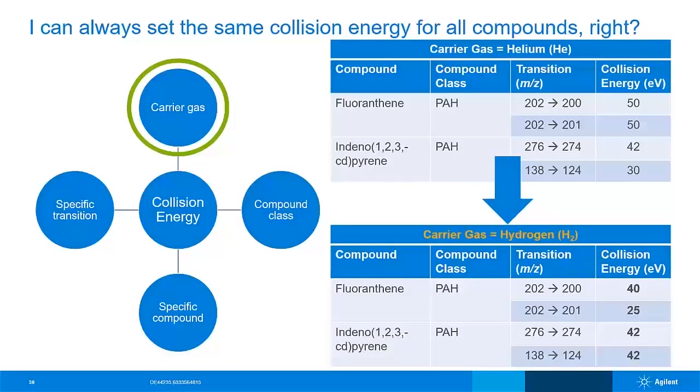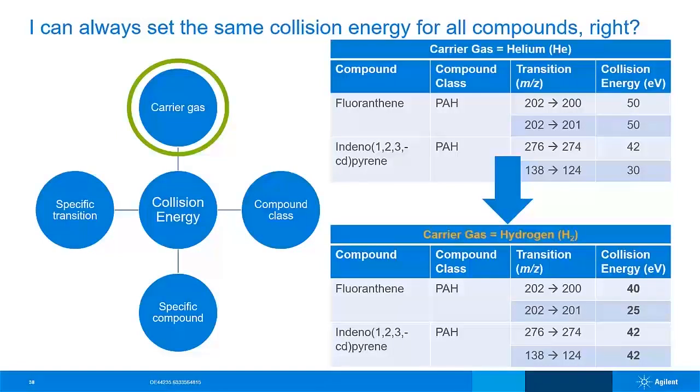Now, does that mean hydrogen lowers all collision energies for all PAHs? No. Remember, each transition will optimize to different energies. So the transition of 276 to 274 for indeno[1,2,3-cd]pyrene remains at 42 eV, while the 138 to 124 transition required a higher collision energy in the hydrogen carrier gas of 42 compared to 30 eV in helium.